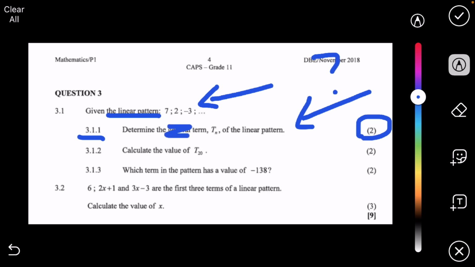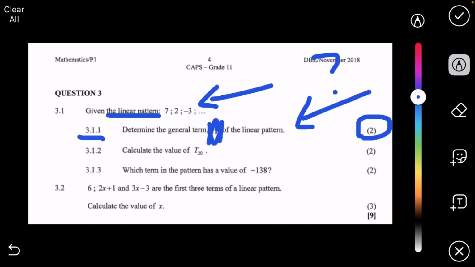Now let's see if we remove general. We remain with determine the term Tn of the linear pattern. The question still makes sense. If we remove term, we remain with determine the general Tn of the linear pattern. It still makes sense.